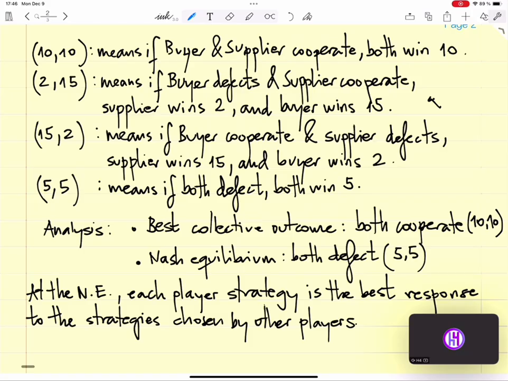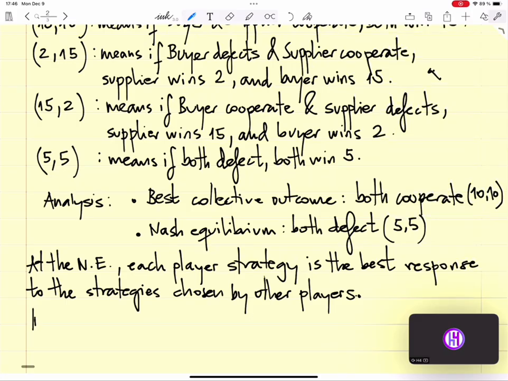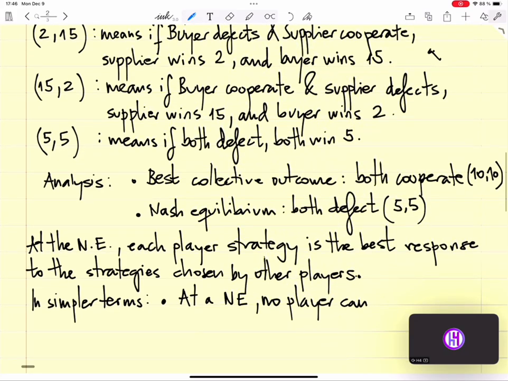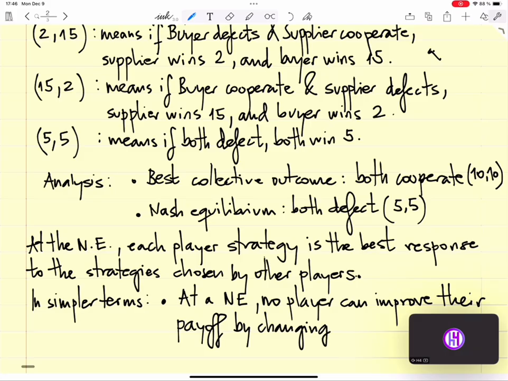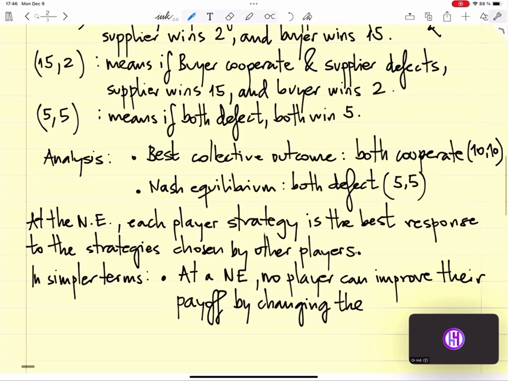In simpler terms, at a Nash equilibrium, no player can improve their payoff by changing the strategy alone.